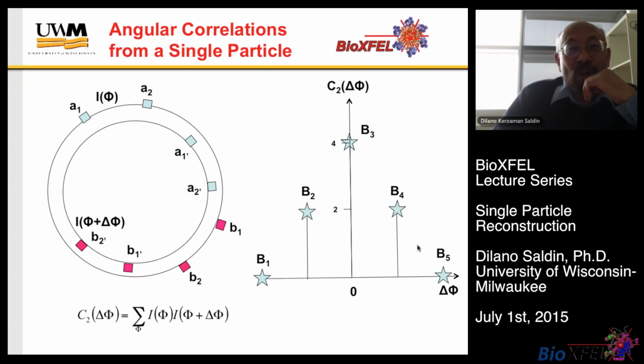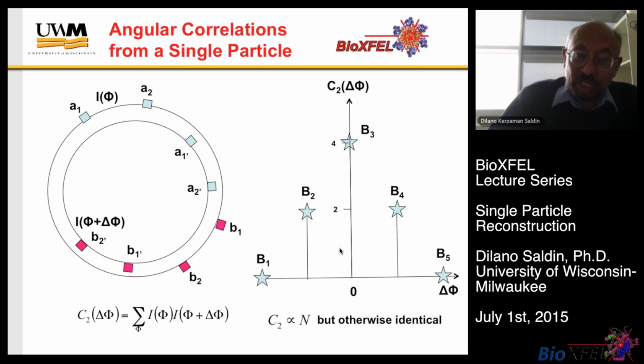So one can recover a distribution as a function of angle in the correlations, which doesn't depend on the number of particles, and doesn't even depend on the relative orientations of the particles. You always get the same distribution, but of course it's multiplied by a factor of n, where n is the number of particles. One normalizes that.